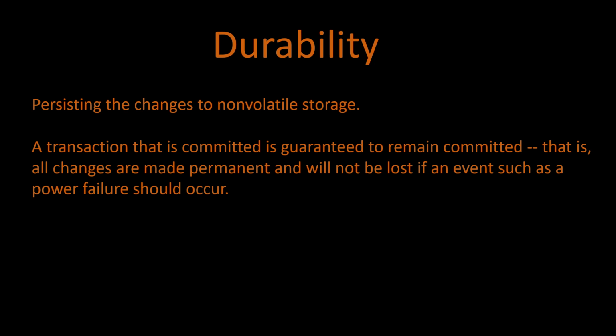If we are committing a transaction to a database, that data should remain persistent even if there's a power failure. If there's a power failure and the data is not persisted, it will be lost. So to make sure that the data which is persisted is available all the time, we have to make sure that the durability property is addressed properly.